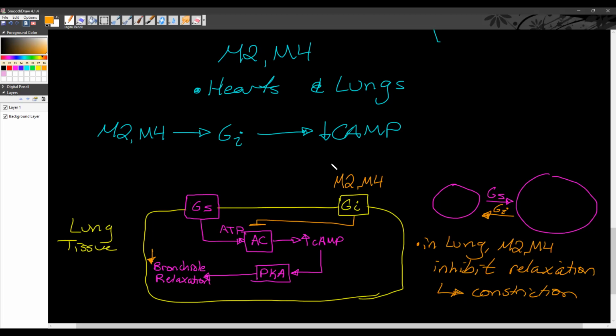So if you give a muscarinic agonist, what is going to happen to your breathing? Is it going to get better or worse? Worse. It's going to get worse. Why? Because you are going to inhibit relaxation.